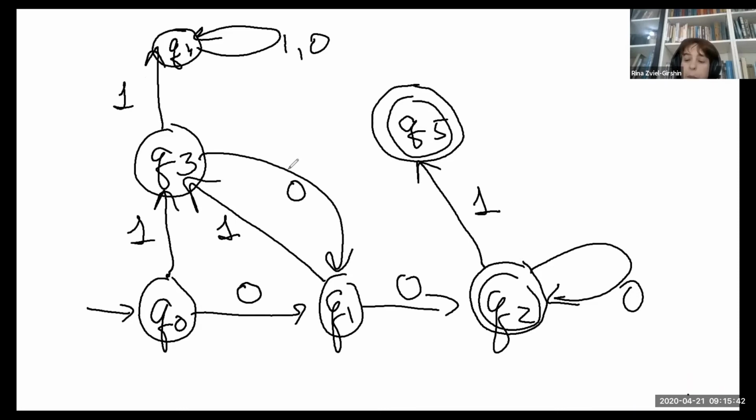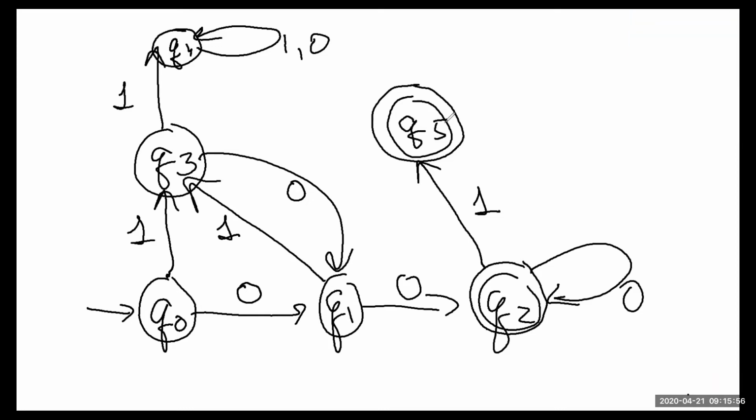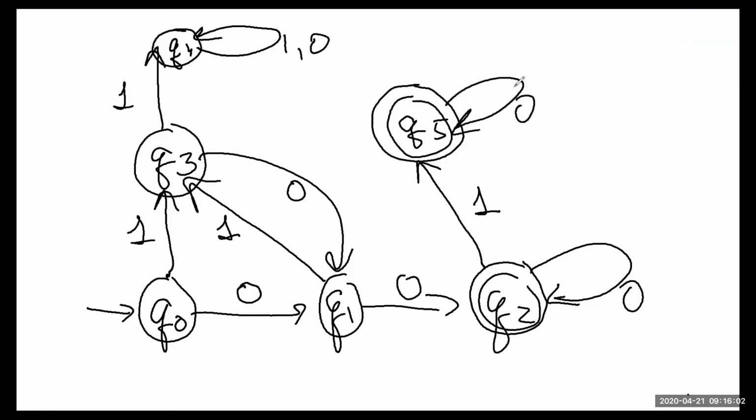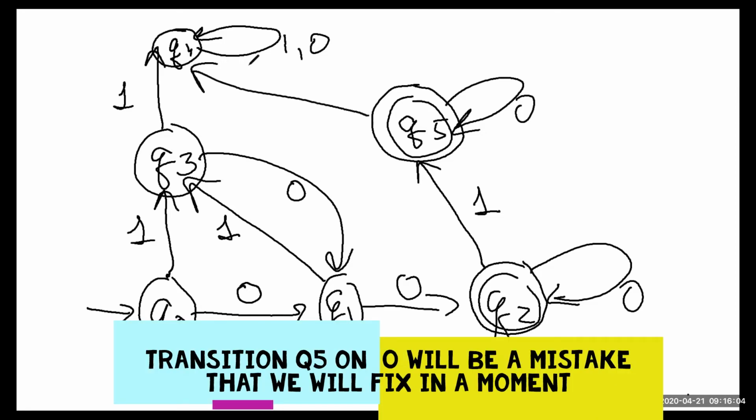Q4, we already finished because if we saw 11, we're now at the trap state. We can't continue anymore. So let's finish Q5. If in Q5 I get 0, I stay in Q5. And if I get 1, you go to Q4. Exactly.